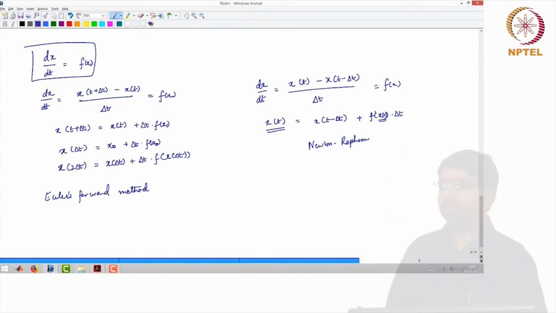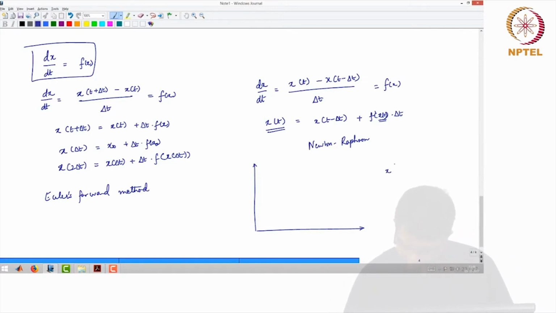You have the slope or the derivative at different points and you want to construct the original function, is that right? So, you know the value of dx by dt at x naught, dx by dt at some x1 and so on.